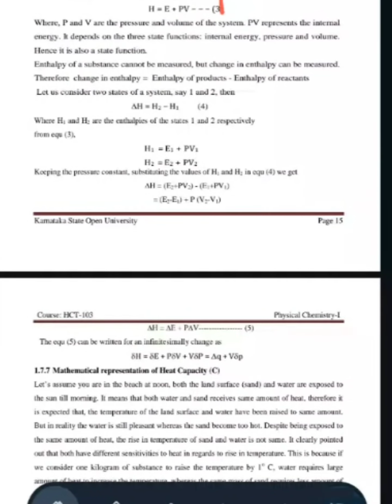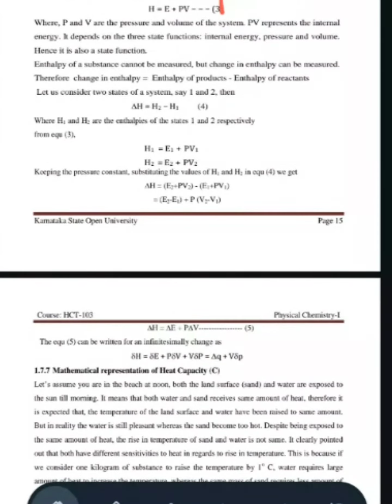Next is the enthalpy or heat content. Enthalpy is denoted by H. It is the measure of energy of the thermodynamic system. Whatever the energy liberated can be measured, so it is known as enthalpy.